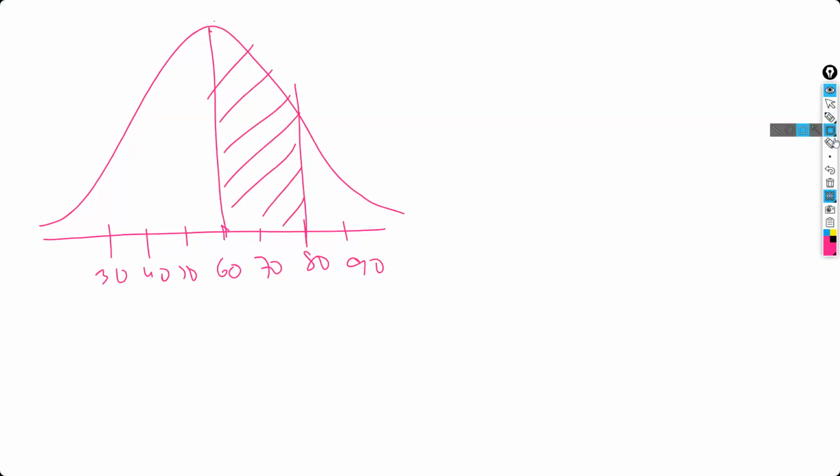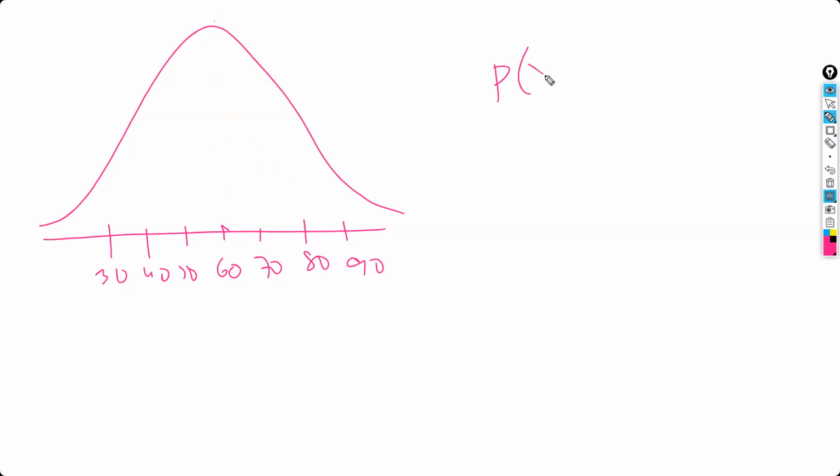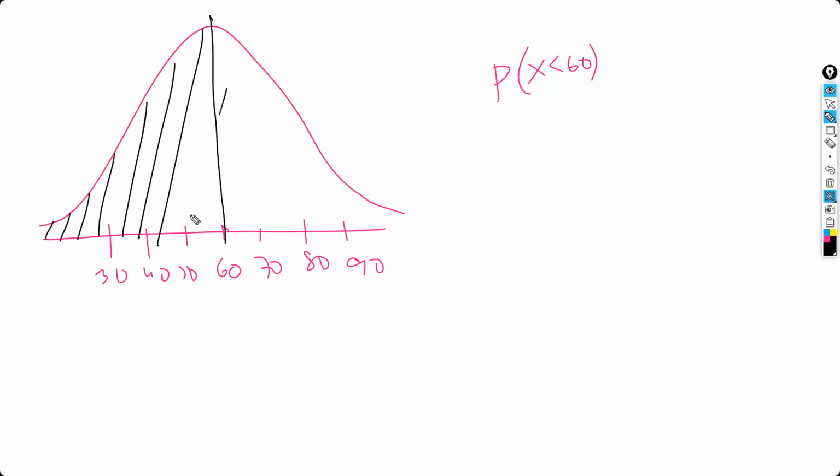Now, for example, if I calculate the probability less than 60, what area am I going to get? That is from the start up to 60. Is that clear? Everyone okay with this?